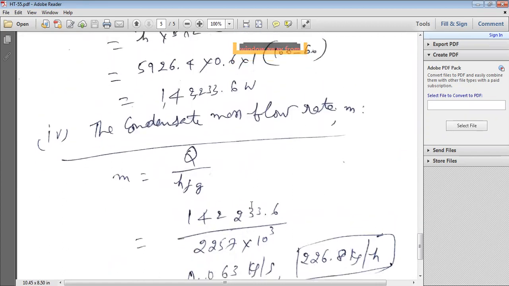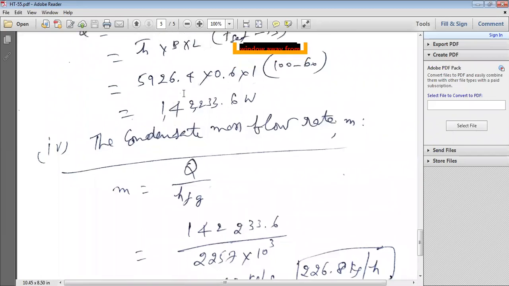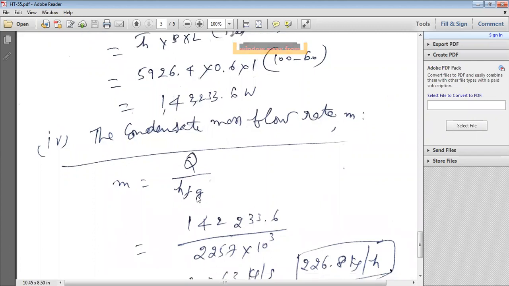The condensate mass flow rate: how do you calculate it? You know the heat transfer rate, how much heat is liberated for condensation of steam into water. 1,42,233.6 watts. That much heat is required.